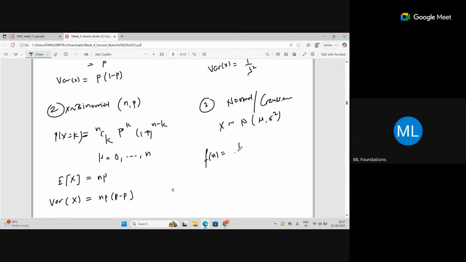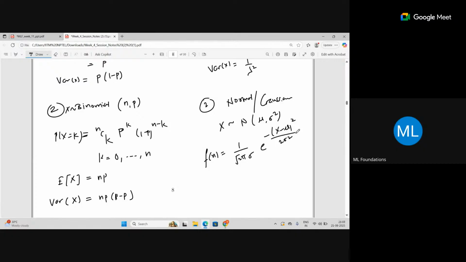It is 1 upon root 2 pi sigma, e to the power minus (x minus mu) whole square by 2 sigma square. And the range of this distribution is minus infinity to plus infinity, so x can take any value from minus infinity to plus infinity.